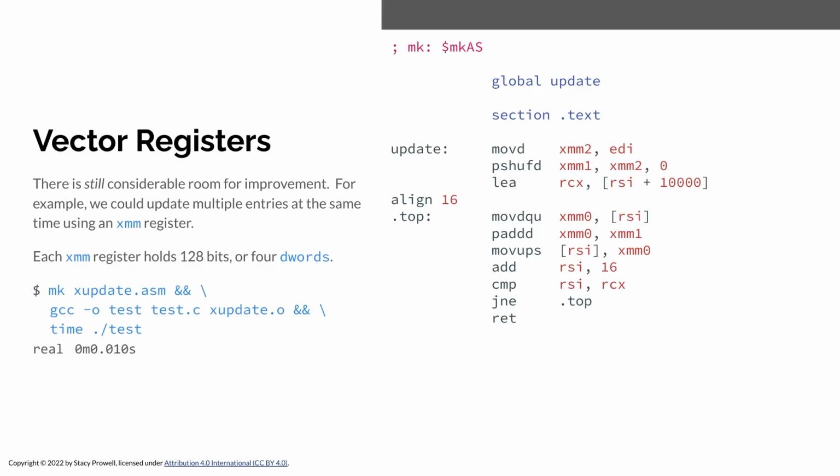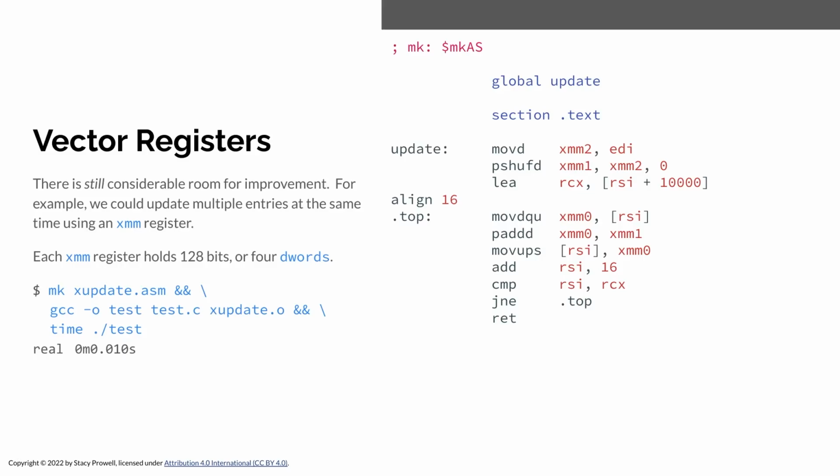Another thing we might do is try to use SIMD, single instruction, multiple data. I'll do a single instruction, but I will operate on multiple double words at once. For this example, we're going to use the XMM register. An XMM register holds 128 bits.